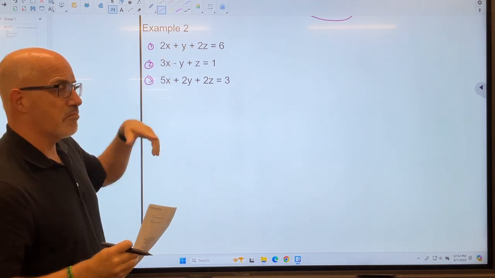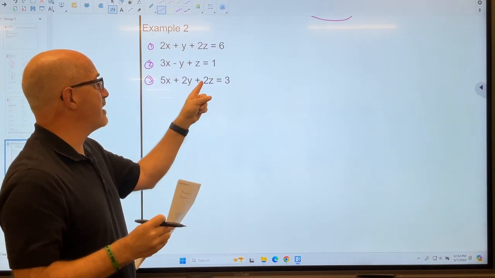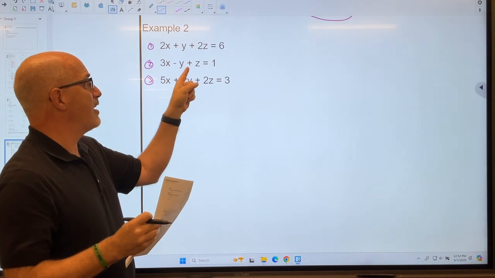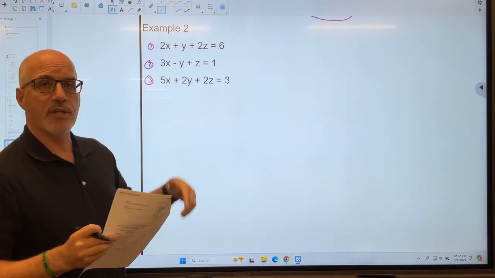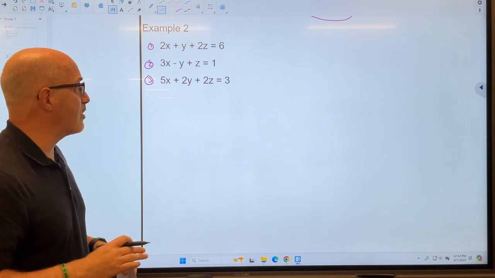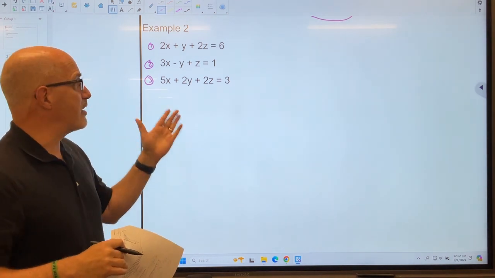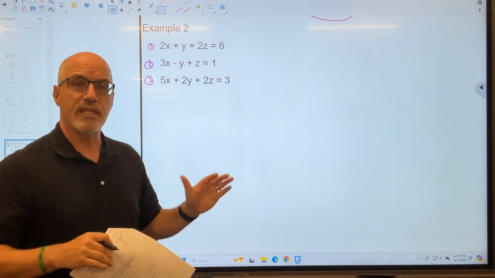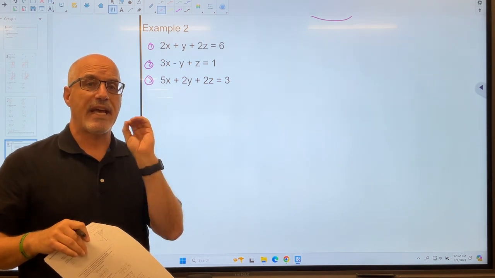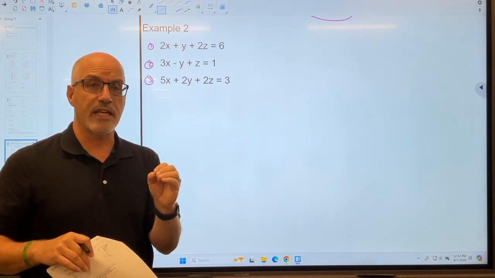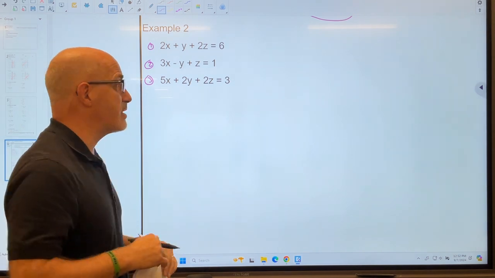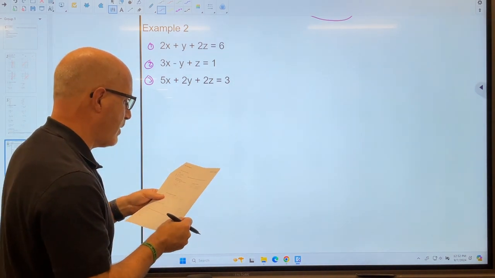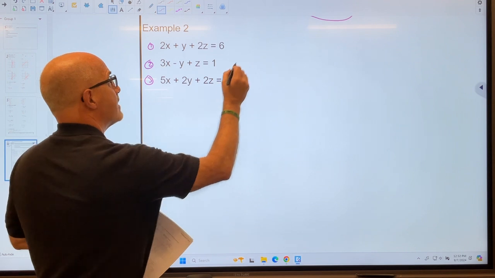The z's are also not a bad choice, because you can multiply this by 2 to get negative 2 to be the opposite of one of them. So really, you've got two good choices, either y's or z's. You can do either one, but you have to show your work carefully so that others can follow the steps that you use. So I'm going to go ahead and eliminate my y's.